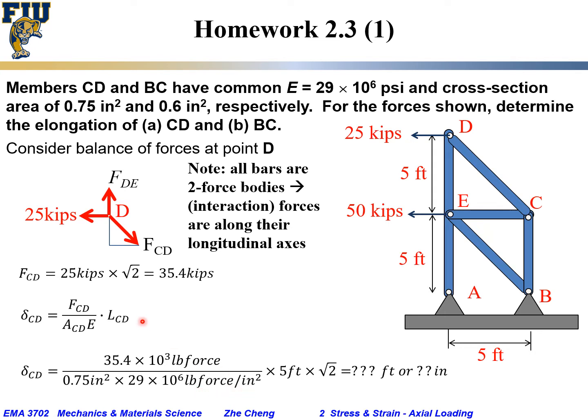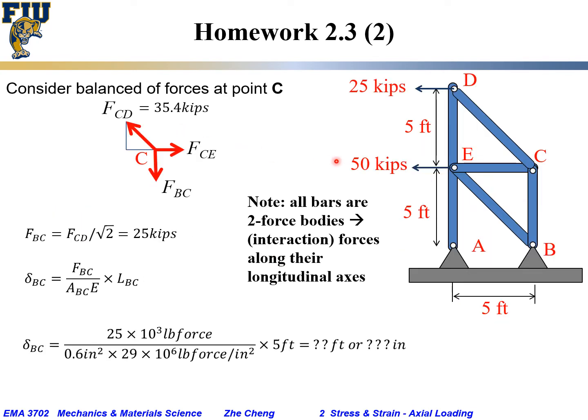And then what is LCD? We know DE is 5 foot, CE is also 5 foot, so CD must be 5 foot times square root of 2. So you plug the numbers in, you would get an answer in foot, or you can convert it into inches. That's for the first part, for CD.